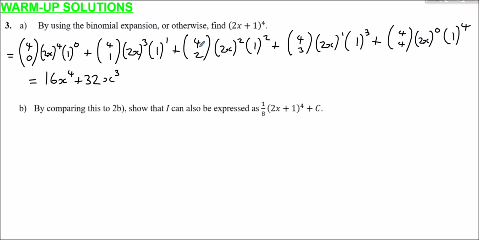And then the x squareds. 4 choose 2 is 6. 2 squared is 4, so 6 times 4, that gives 24x squared. This one, 4 choose 3 is 4. 2 to the power 1 is just 2, so 4 times 2, that's going to give us 8. So we're going to have 8x. Then finally this one, it's going to be 1 to the power 4, which is just 1.